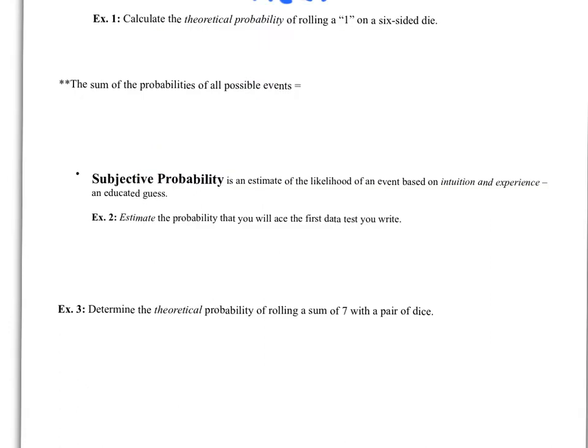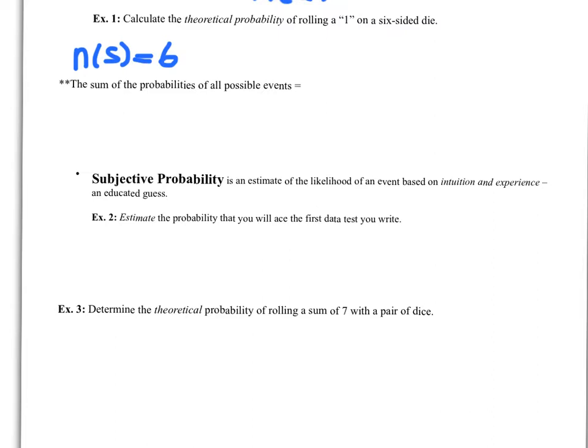Example 1. Calculate the theoretical probability of rolling a 1 on a 6-sided die. Well, Miss Penna, if there's 6 sides on the die and they're all different, then the number of possible outcomes, n of S, must be equal to 6.